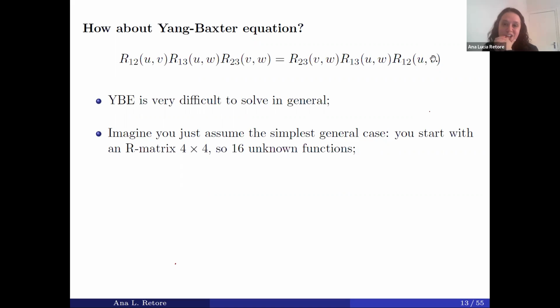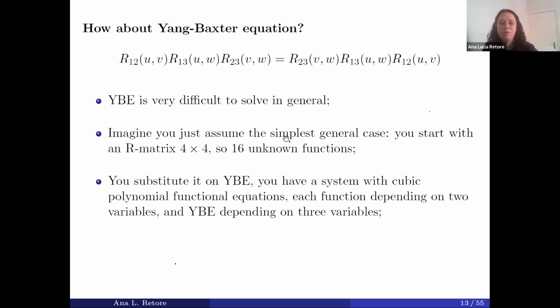You have cubic polynomial functional equations, with each function depending on 2 variables and Yang-Baxter on 3. So it's hopeless if you don't know something else. It's very hard to just come here and try to find it. So this is not how people do it.